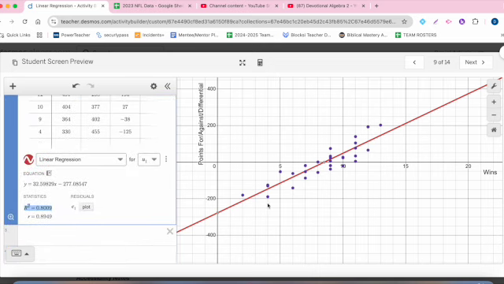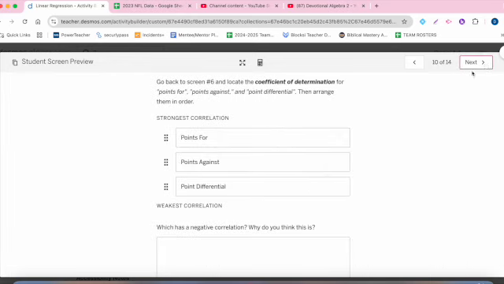And sports analysts will tell you that point differential is probably one of the single best predictors of how good a team is going to be. All right, so let's consider for a second here. Based off of the coefficient of determination, the r squared value, which was the strongest correlation out of these three? Which is the most closely related with how many wins a team gets?